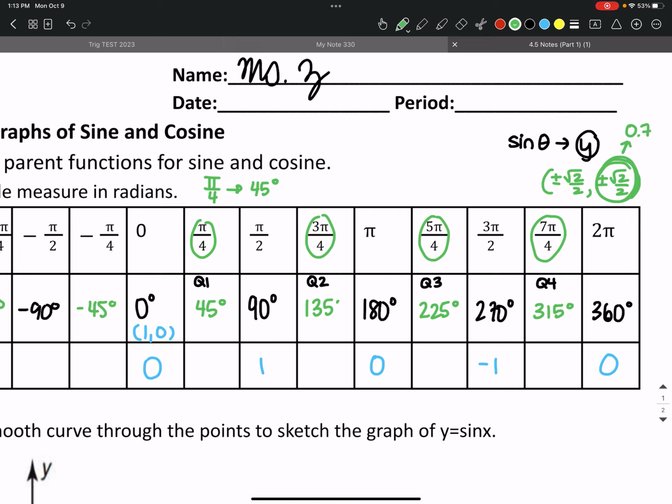If I put that in my calculator, that's what I would get. Then I know if I'm in the first quadrant, my y value is going to be positive. So I know my y value is positive. I guess I'll write it like this.